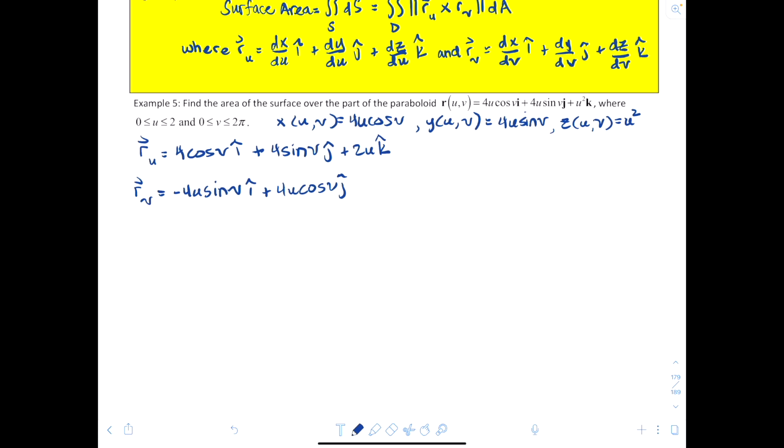So finding the cross product, we'll do a piece at a time.